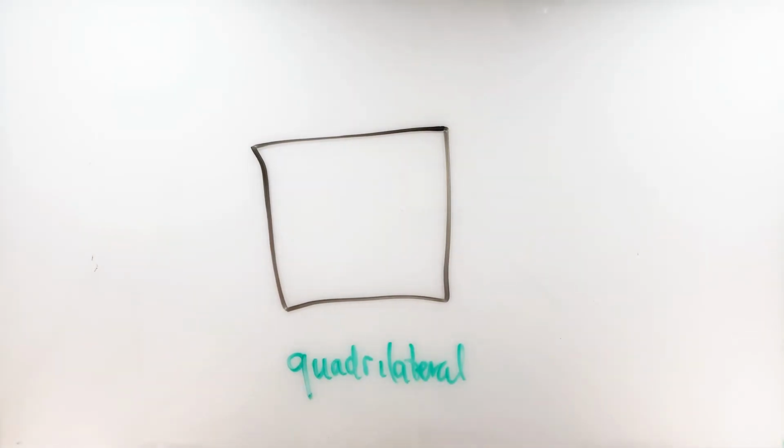I have to call it a quadrilateral. That's all I know about it. It's got 4 sides. I don't have anything else marked in this picture to give me any other information. So unless I can measure, which in this case I don't have a ruler, the best I can do is quadrilateral.